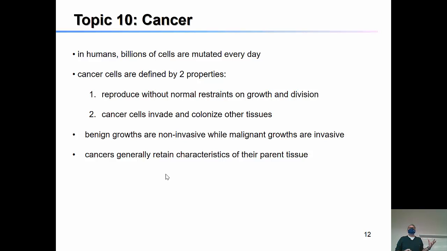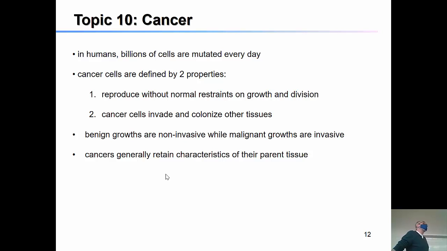If we're going to develop cancers, there's sort of two defining properties. The cells reproduce without the normal restraints or regulation, so they're not listening to those signals we've been talking about. And then they can invade or colonize other tissues. There's two types. We can have benign growths that are non-invasive, and malignant, which are invasive.